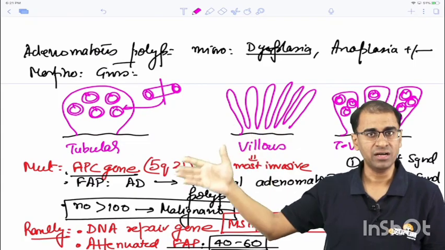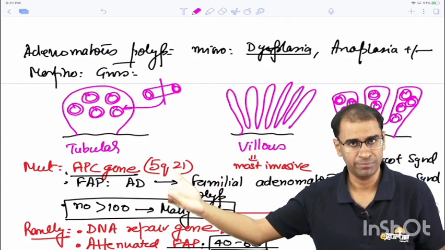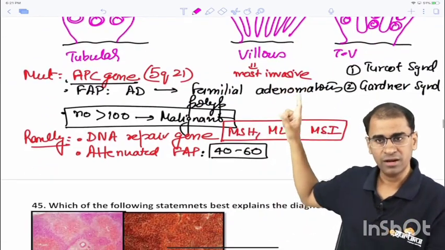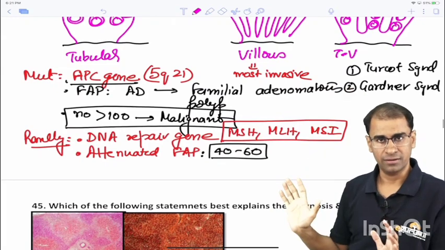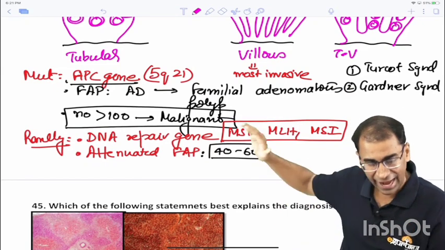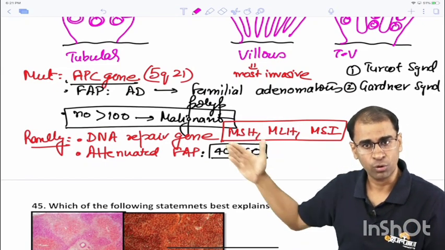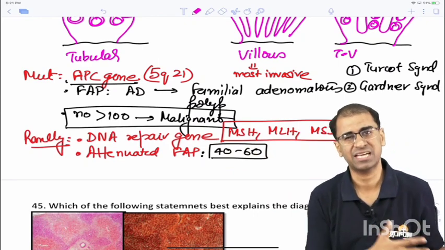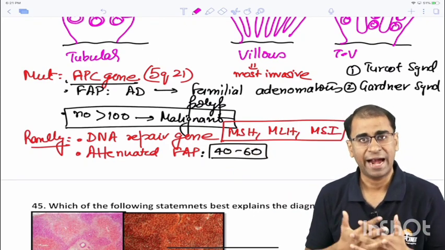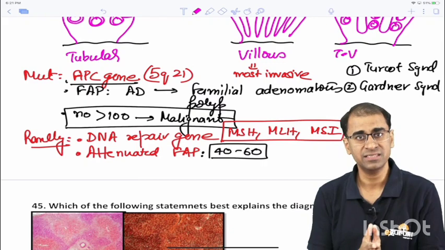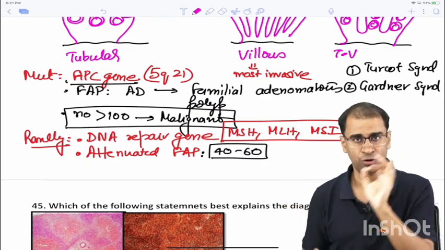Sometimes they have an APC gene, then it's called FAP. Two syndromes, remember now, it becomes clear, Turcot and Gardner. And they have sometimes a mutation of other genes called DNA repair genes, which is MSH, MLH or the MSI, attenuated FAP is the name. And then there is an adenoma-carcinoma sequence. How to remember?